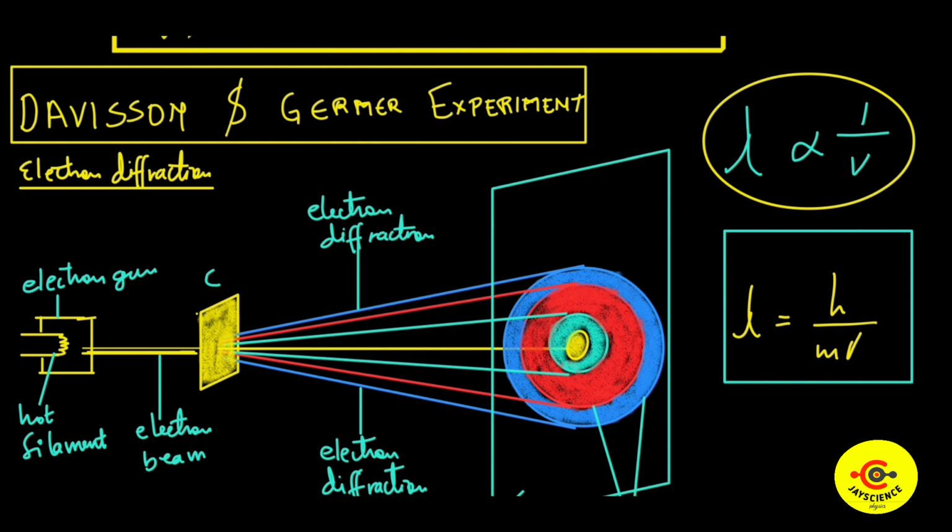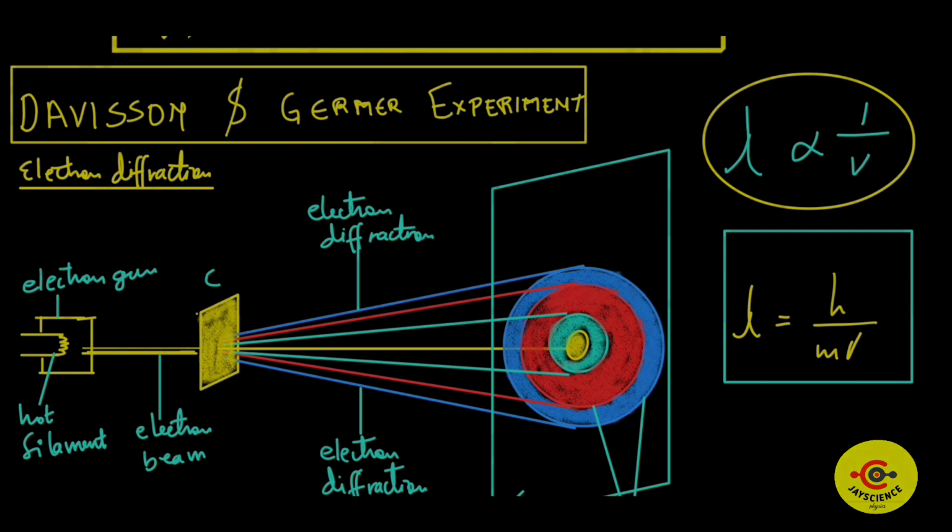Planck's constant has a value of 6.63 times 10 to the power of minus 34 joule-seconds. So the wavelength equals Planck's constant over the momentum of the object. That's mass times velocity, which gives you the momentum of the object.